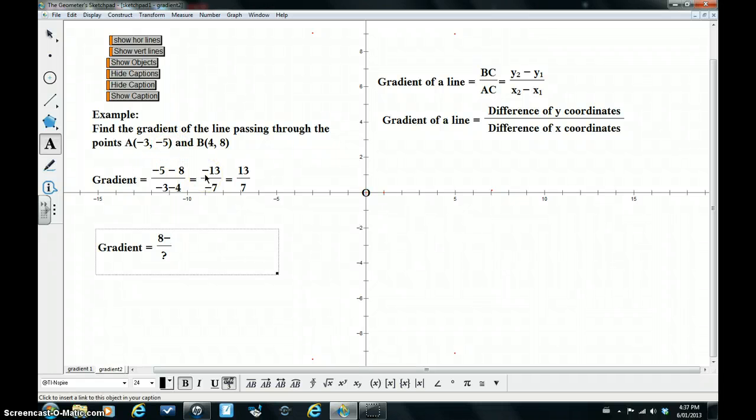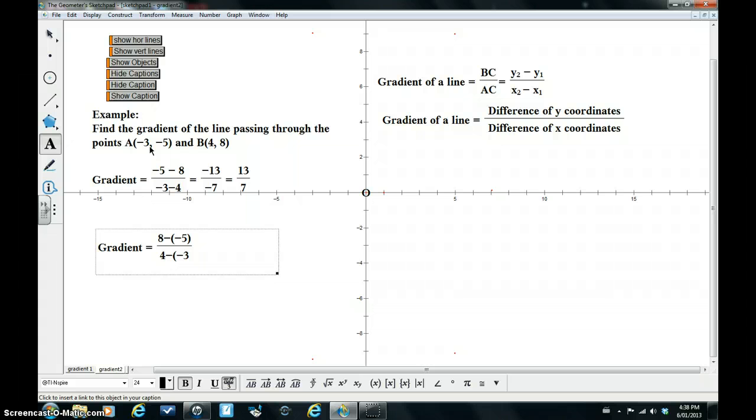Now be careful here because it's 8 minus -5, all divided by, now because I started with the y coordinate of point B, which is 8, I must now start with the x coordinate of point B, which is 4. Take away the x coordinate of point A, which is -3.